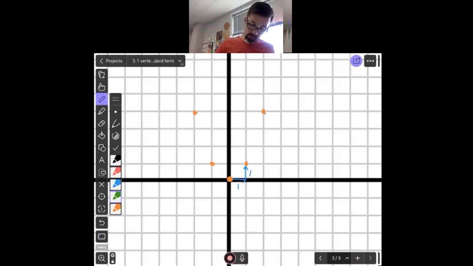As I go right 2 or left 2, how does y react? Y goes up 4. Makes sense: change in 2, 2 squared is 4. So this is what the y values are supposed to do with certain x changes. If I change the x by 1, the y value changes by 1. If I change the x by 2, the y value changes by 4. That's the way it's supposed to act. That's the parent function.